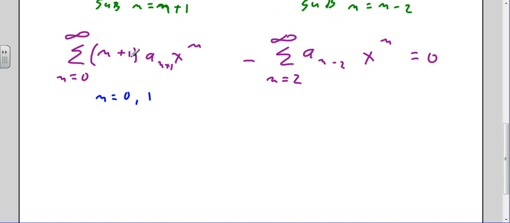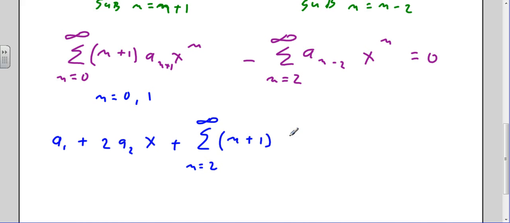So when n is equal to 0, I have a1 x to the 0, which I'm not going to write. And when n is equal to 1, I have 2 a2 x plus summation n is equal to 2 to infinity of n plus 1 a n plus 1 minus a n minus 2, inside a bunch of brackets, and x to the n is equal to 0.